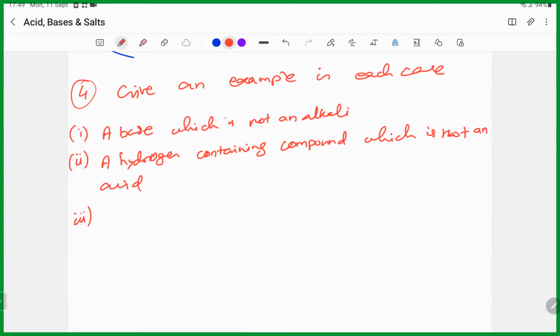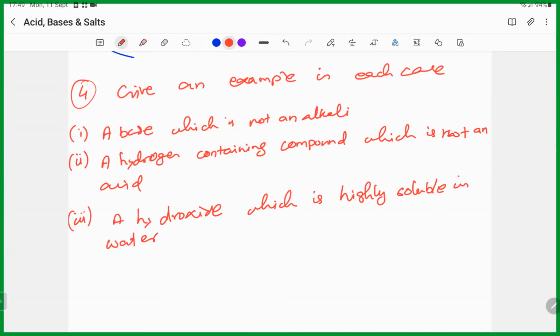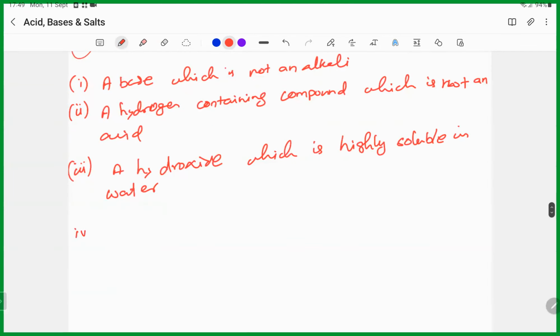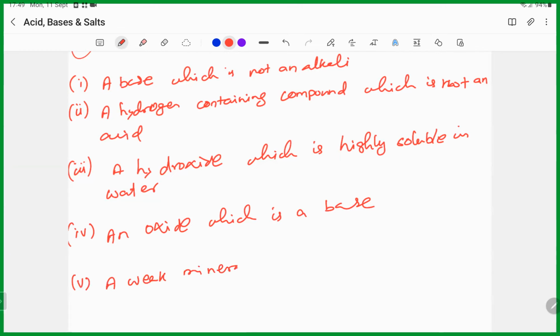Number three, a hydroxide which is highly soluble in water. Number four, an oxide which is a base. Number five, a weak mineral acid. Answer.